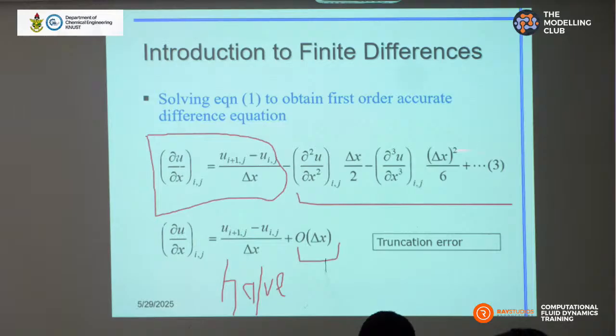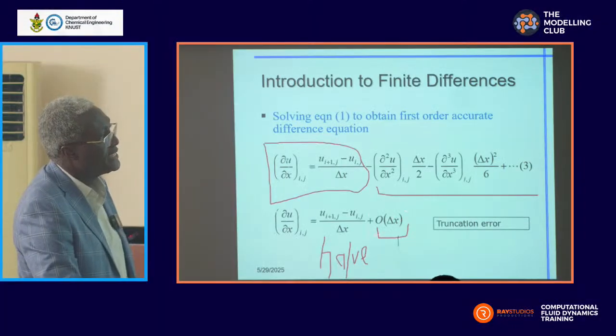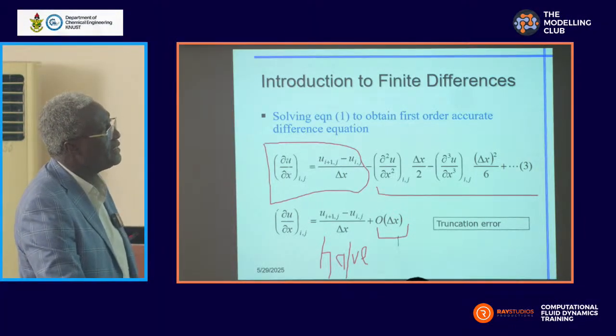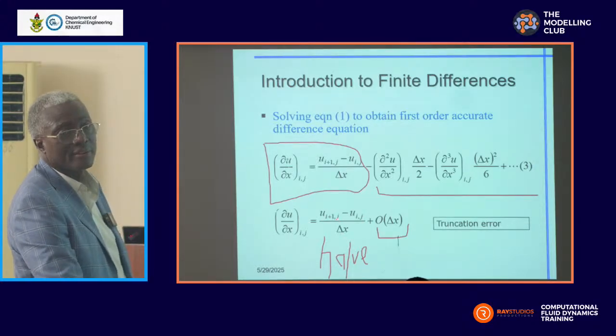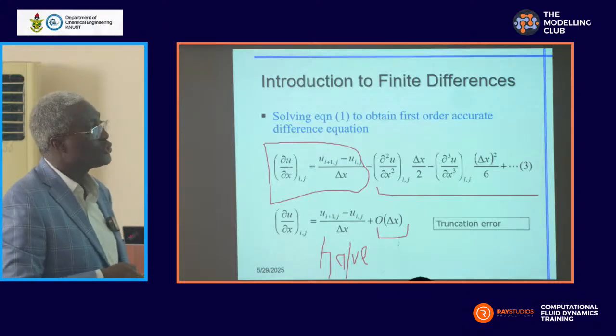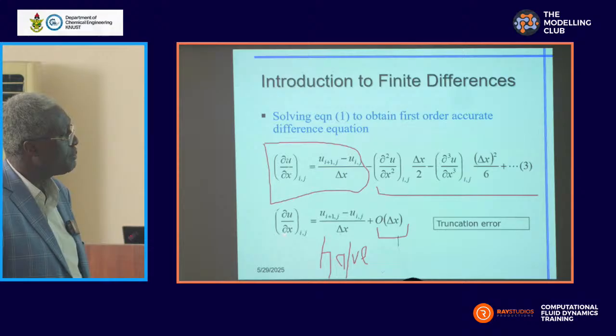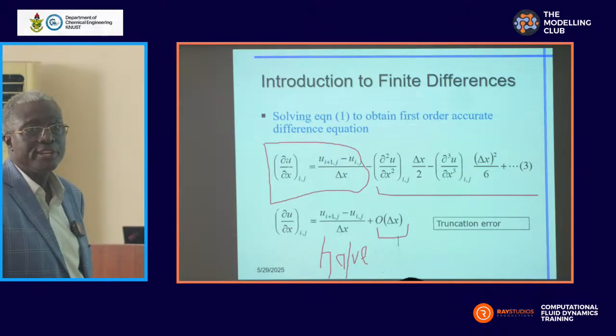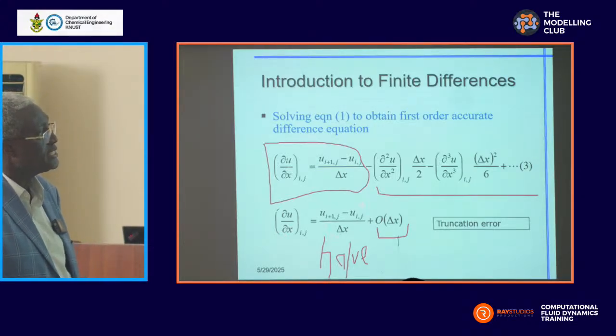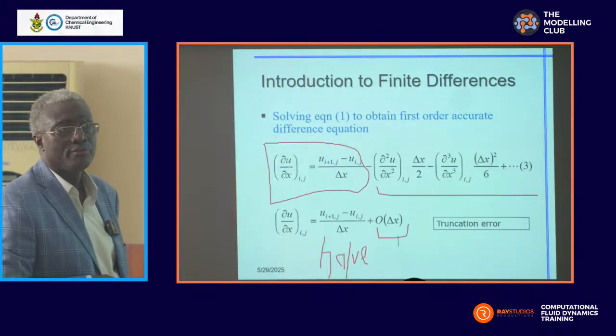That means this will be the error we would obtain in representing this partial derivative of the velocity with respect to x by this term here. So wherever we see the partial of u with respect to the partial of x in our governing equation, we are going to represent it with this finite difference form.